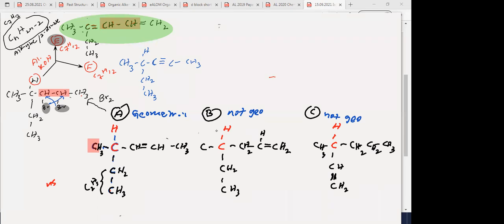Is that clear, everyone? How do you get these structures E and F? Any questions, or do I need to explain this again? Please raise your hand those who got E and F. From A you get E and F. How?